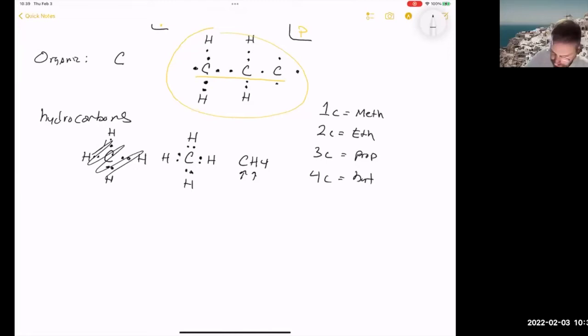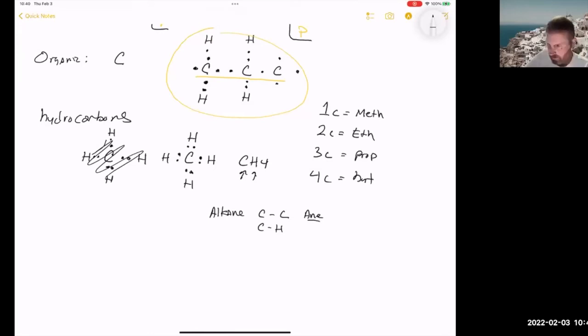All right. And the other part of naming is what kind of covalent bonds are we dealing with? If all the covalent bonds are single covalent bonds, this is what we call an alkane. An alkane is all single covalent bonds. And it will end with an A-N-E, ane.